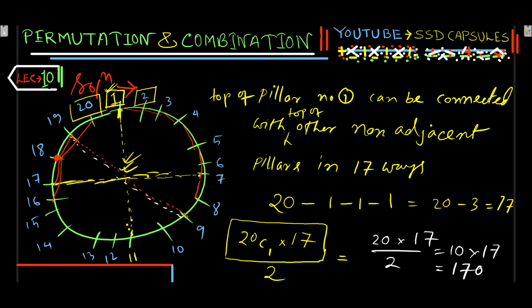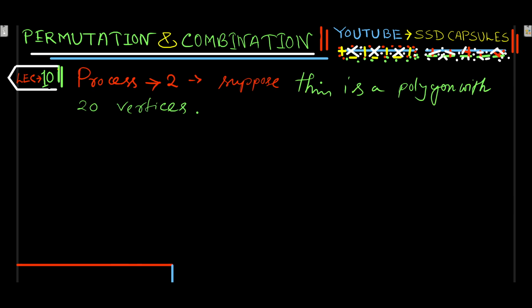That is, if we are able to find the number of diagonals of this polygon with 20 sides, then we are done. Hope you have understood. If you have any doubt, then please rewatch this portion. Your doubt will be wiped off.